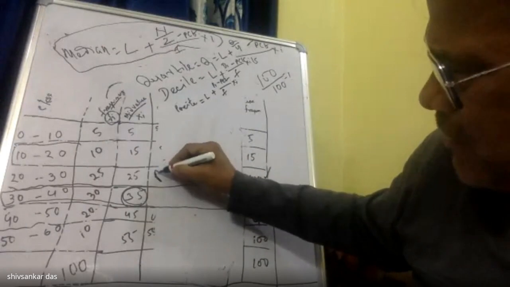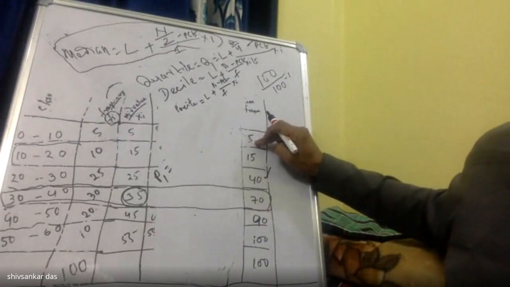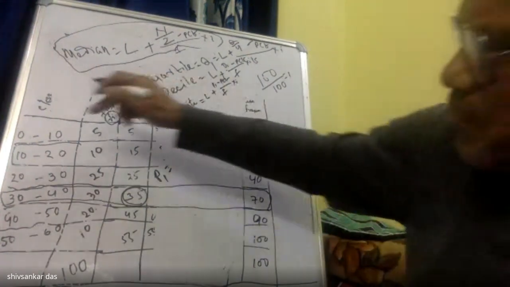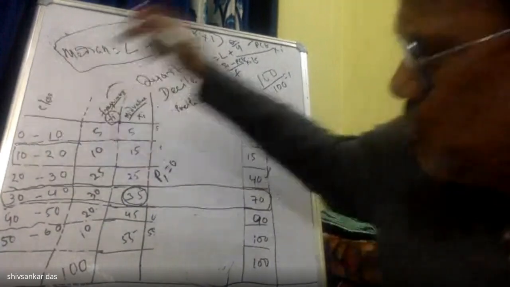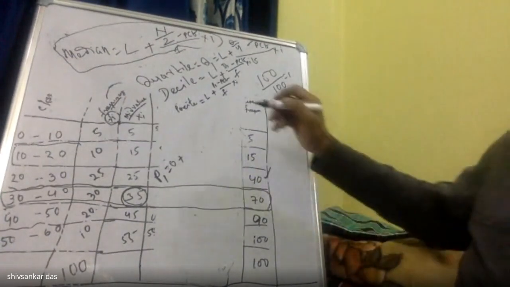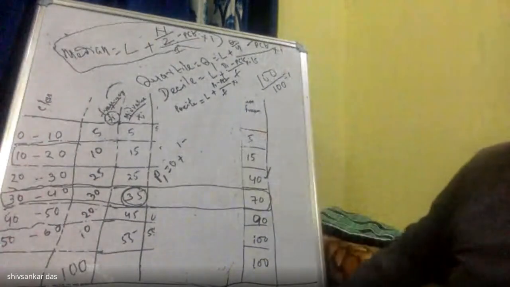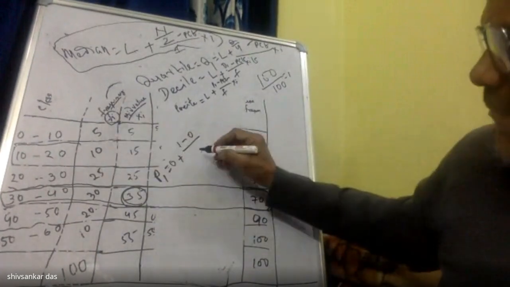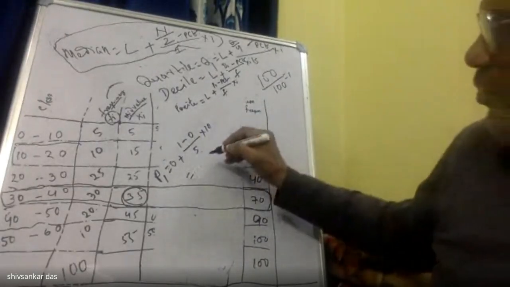Where is 1 in the cumulative frequency? It is here, so the first percentile class starts at 0. The lower limit is 0, plus 1 minus the previous cumulative frequency 0, divided by the frequency 5, into 10. That is 10 by 5, equal to 2. Got it?